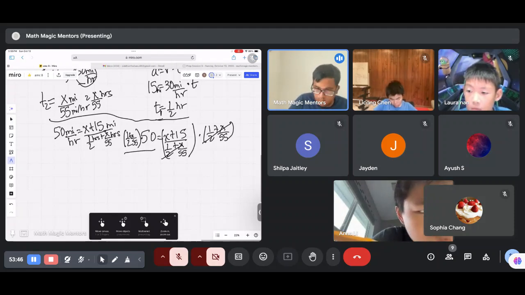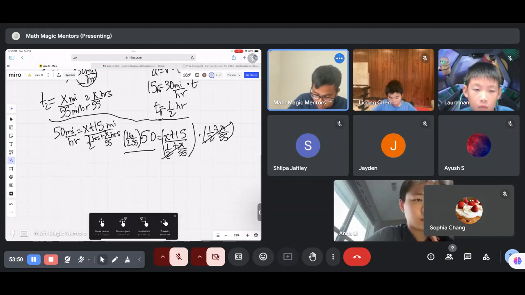I'll just use the distributive property and distribute everything. So we have 50 times one half, which is going to give us 25. And then we have 50x over 55, which is 10x over 11. And that's equal to x plus 15.